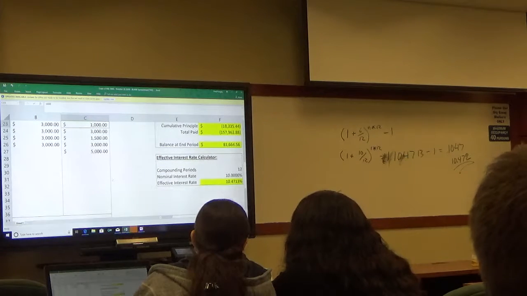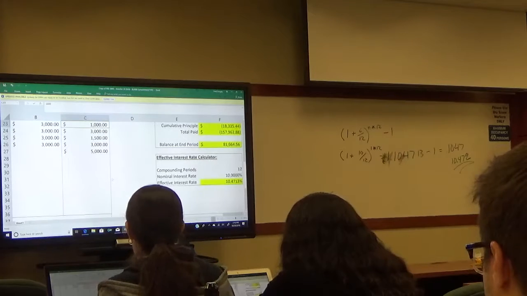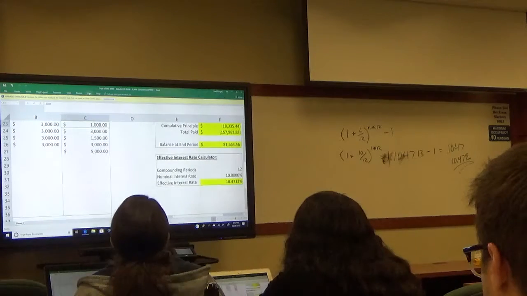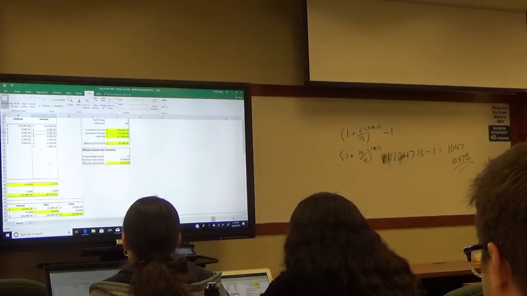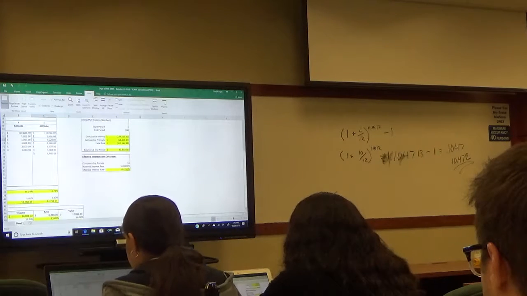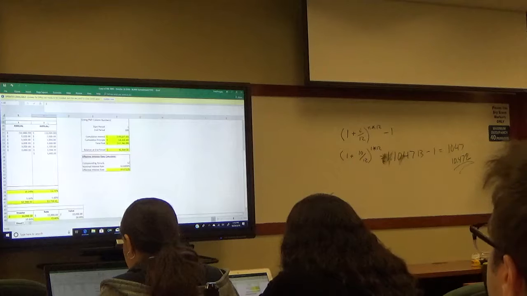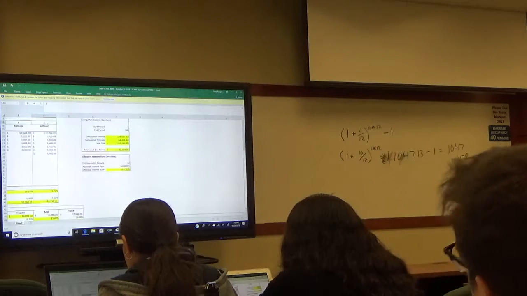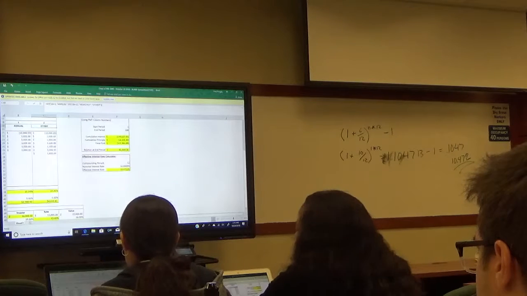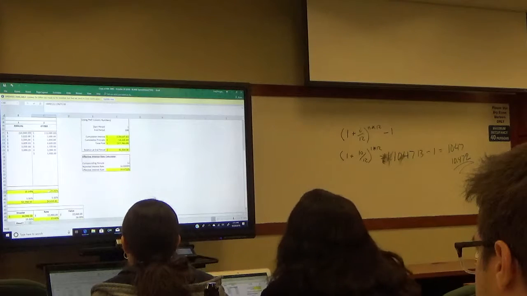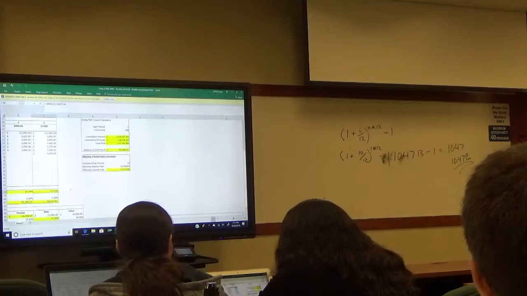Does everybody understand what it's doing? Let me back out of this a little bit. If we put it in up here as 2, which is how it is on the answer sheet, so you can make sure your numbers are matching, you should get the 23.45. I'm identical here, but I got 140.